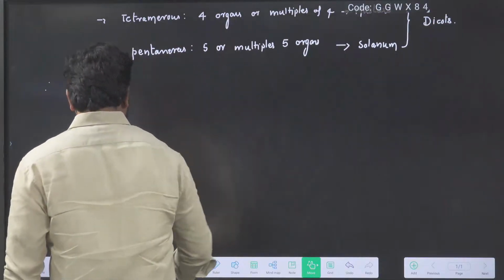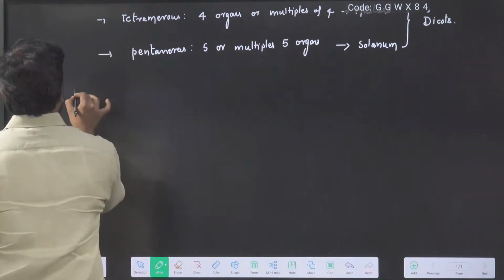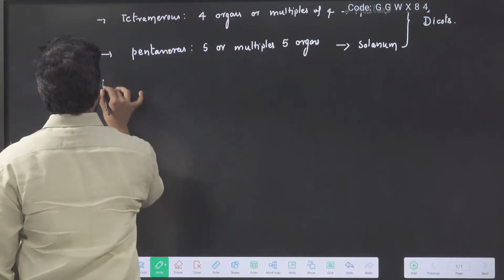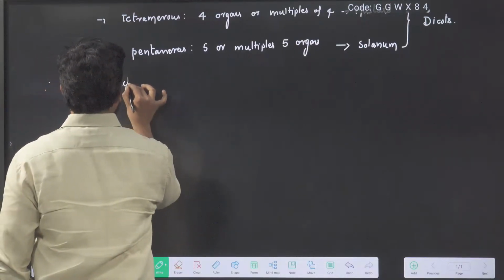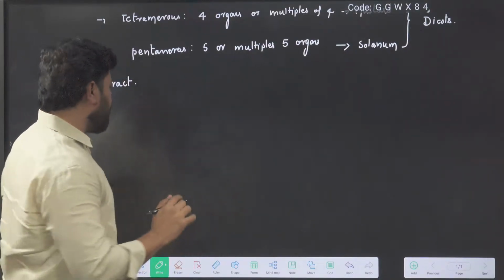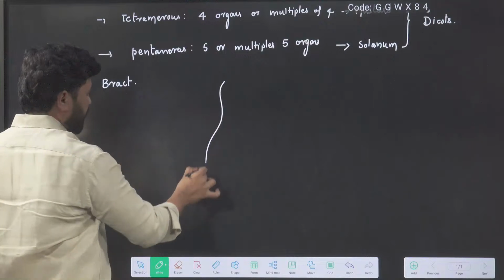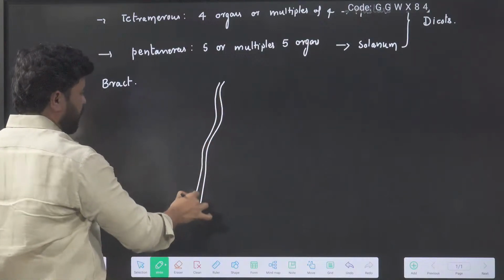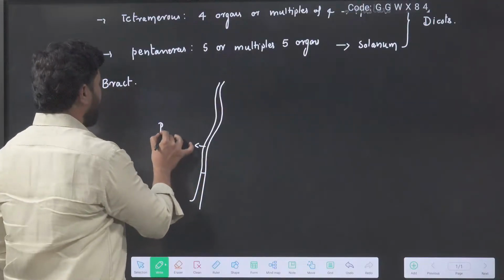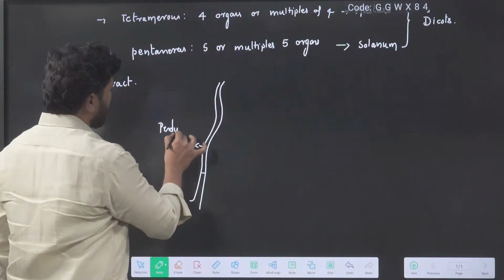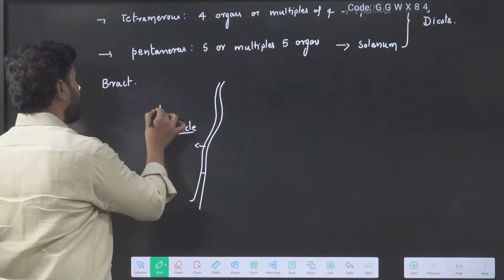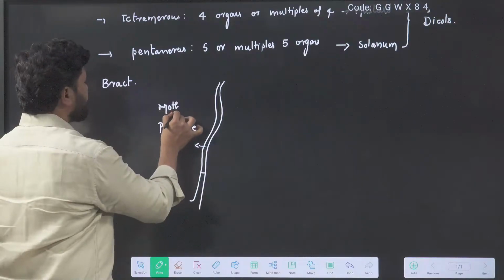Next, when we talk about floral organs, along with the floral organs there are some parts like bract and bracteoles. First, I will talk about what you mean by bract. See, this is a floral axis. That means this is peduncle. Peduncle you can call the mother axis of flower.